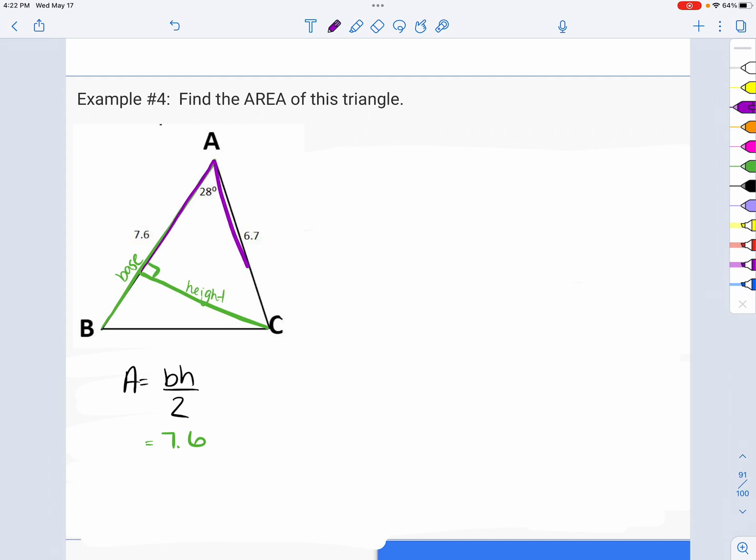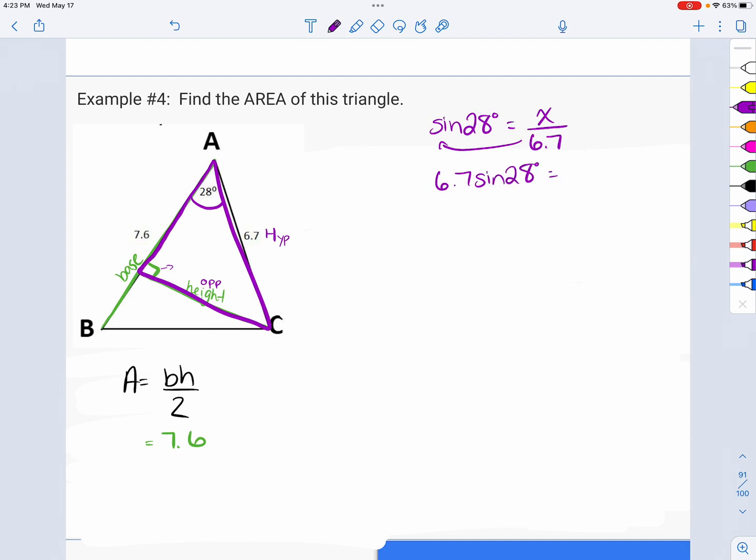So if I look to this right triangle now, this is my reference angle. 6.7 is across from that 90-degree angle, so that's the hypotenuse. The height that I'm looking for is the opposite side. Opposite and hypotenuse is sine. So I can do sine of 28 degrees equals the opposite side over the hypotenuse.